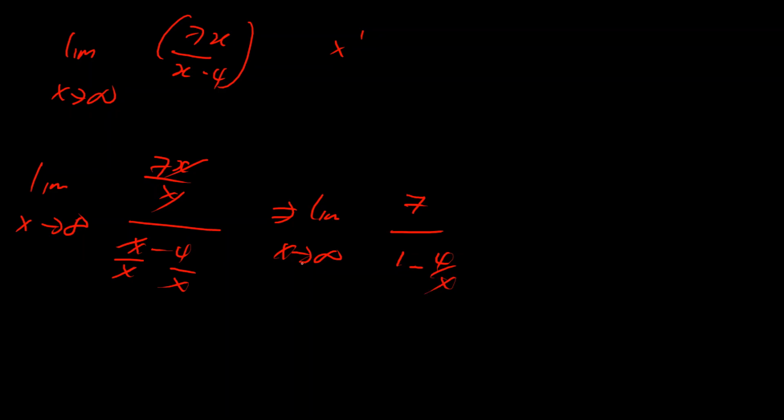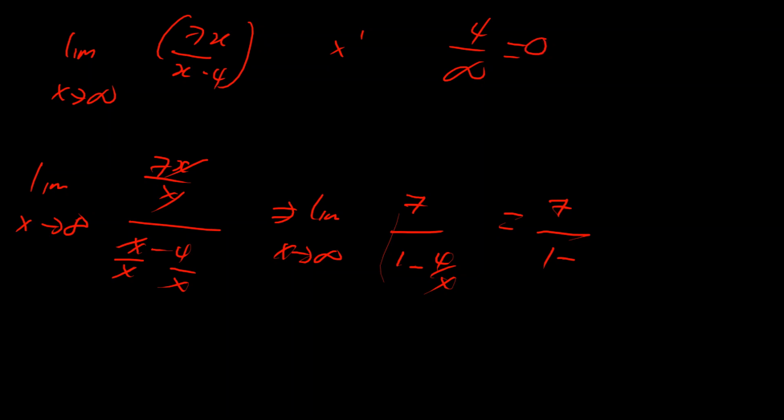Now if you are to plug in infinity into the function, we already know that the limit of a constant is always the constant. So the numerator is going to be still 7. Then this becomes 1. The limit of a constant is also a constant. Then minus, now if you plug infinity here, 4 divided by infinity equals 0.